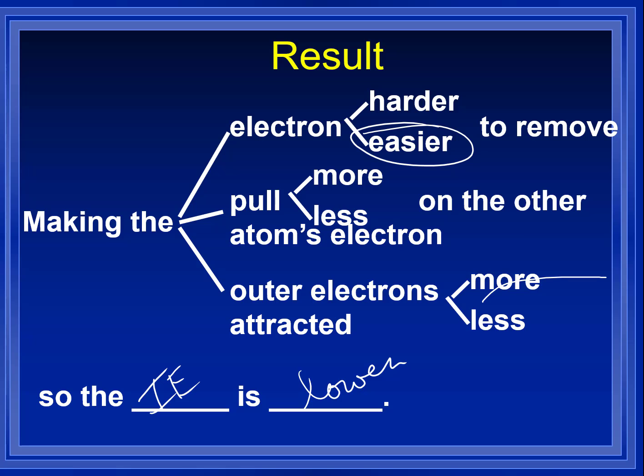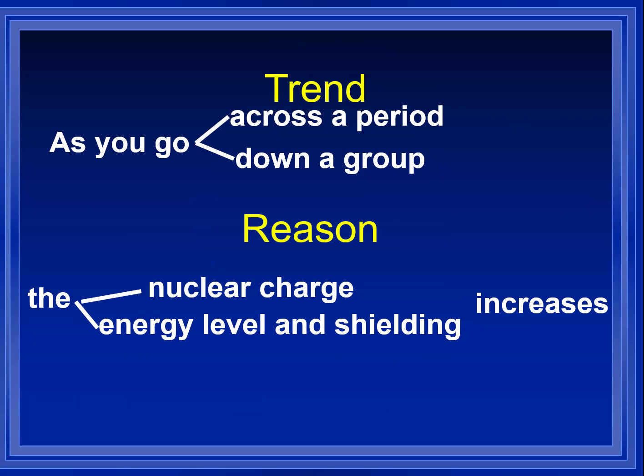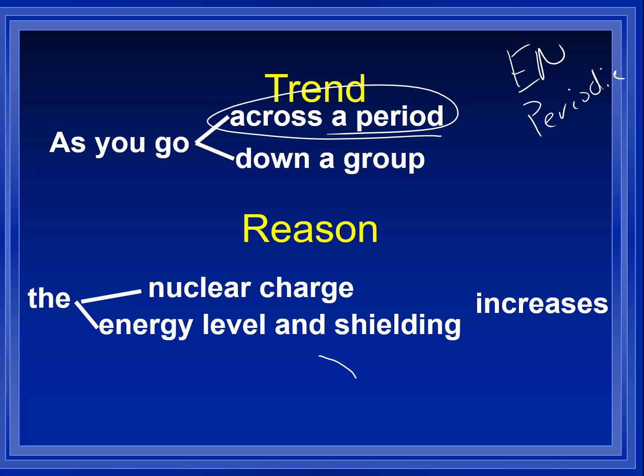Okay? So let us try the trend in electronegativity. Let's try the periodic trend in electronegativity. What happens to electronegativity as you go across the period? The nuclear charge increases. More protons.